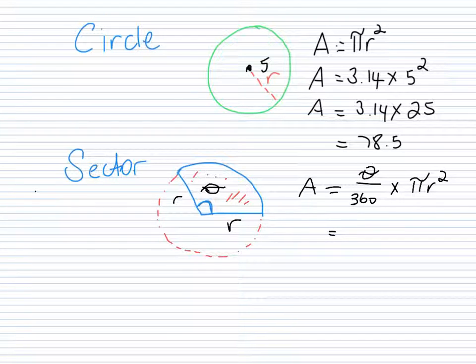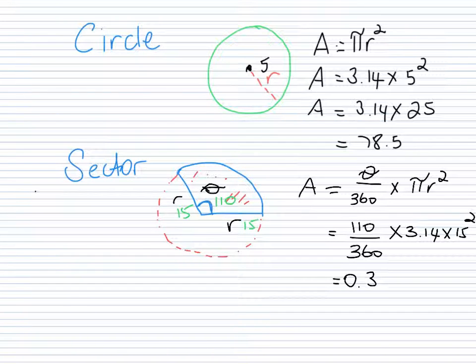So for the purpose of this example, let's say our degrees is 110 degrees and our radius is 15. So we would go 110 over 360 multiplied by 3.14 multiplied by 15 squared. So we would punch into our calculator 110 divided by 360. You'll get 0.305. It is a continuous number, so I'm just going to leave it at 5 there.